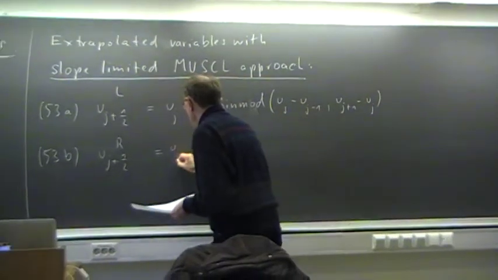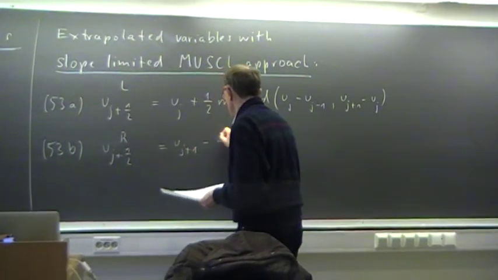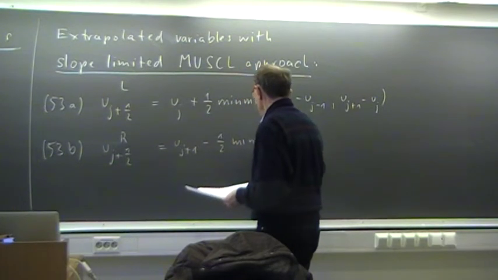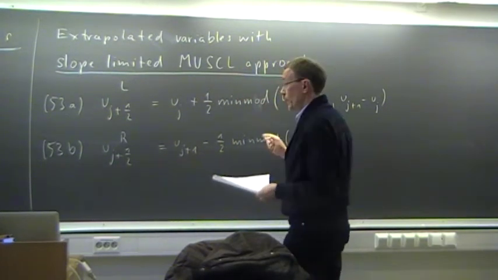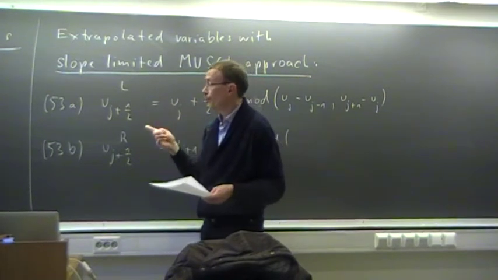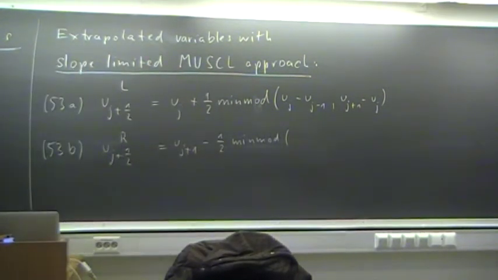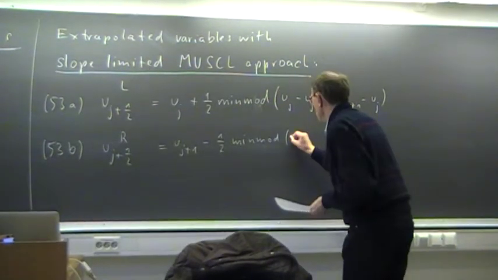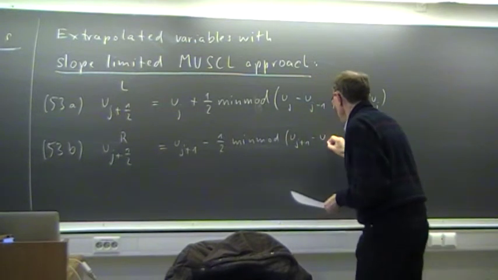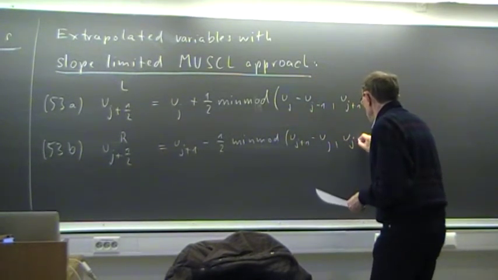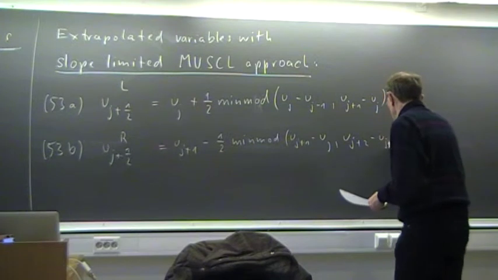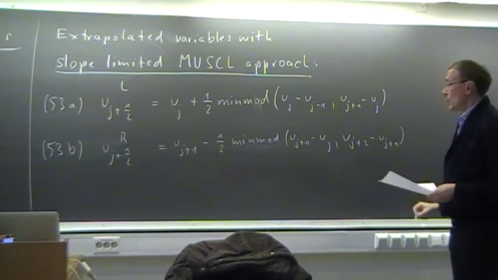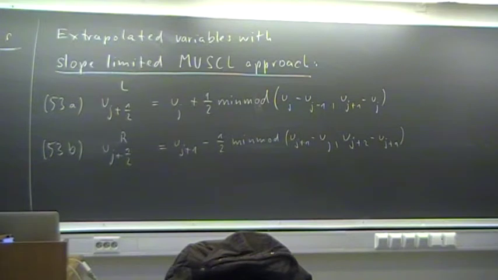So what we get is the uj plus 1 minus 1/2. And now we check the slopes that are relevant for the cell j plus 1. That is uj plus 1 minus uj, and uj plus 2 minus uj plus 1. So that's all.